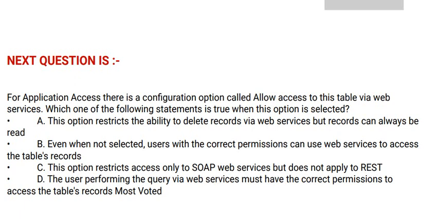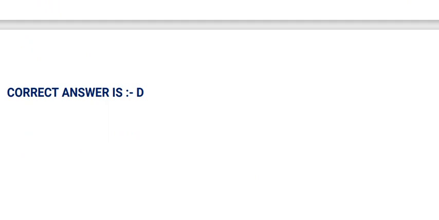Option B: even when not selected, users with the correct permissions can use web services to access the table's records. Option C: this option restricts access only to SOAP web services but does not apply to REST. And option D: the user performing the query via web services must have the correct permissions to access the table's records. And the correct answer is option D.